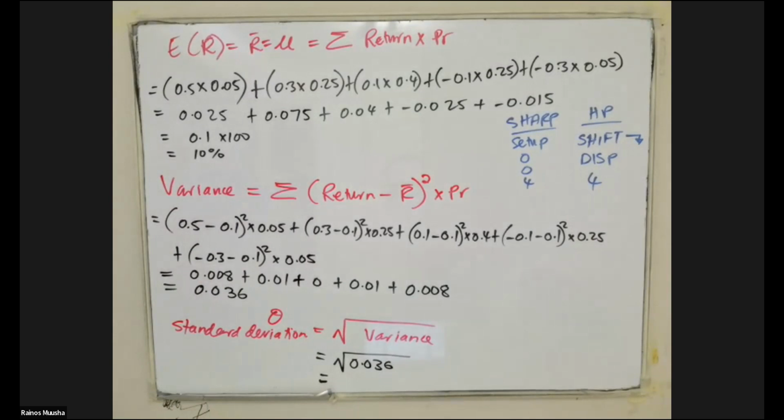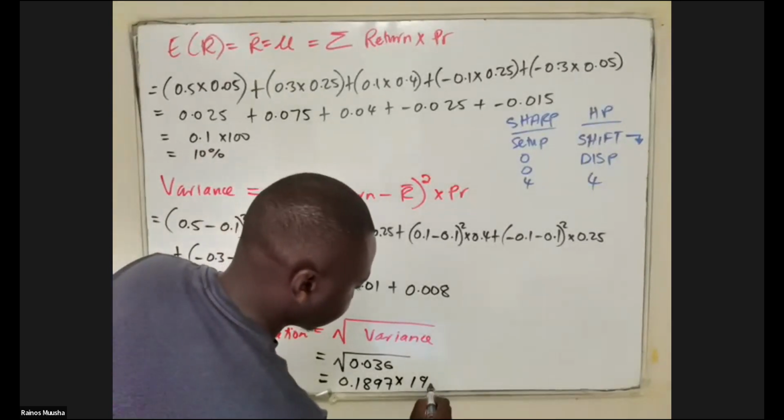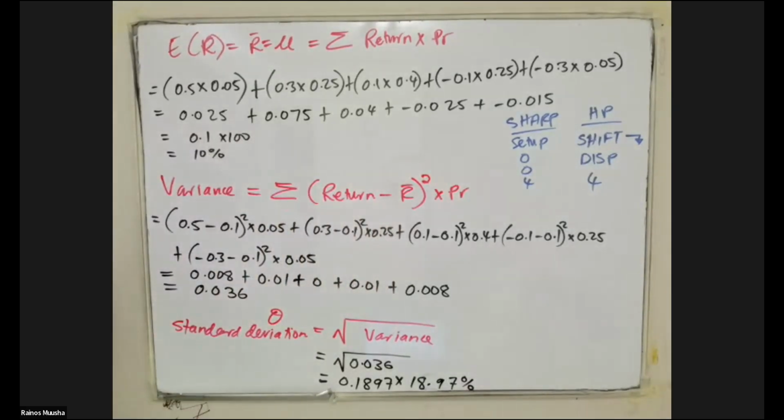To 4 decimal places, it's 0.1897. And if you multiply that by 100, you get 18.9737, so to 2 decimal places on your final answer, it will be 18.97%.